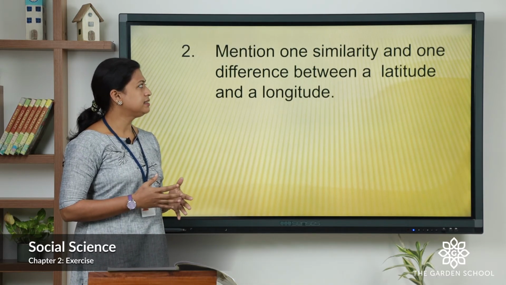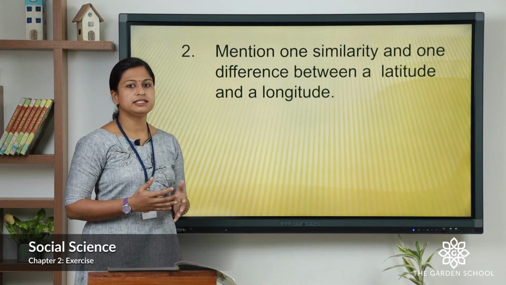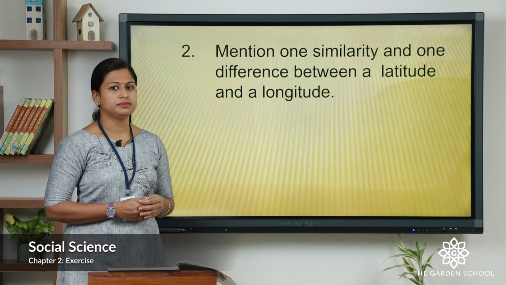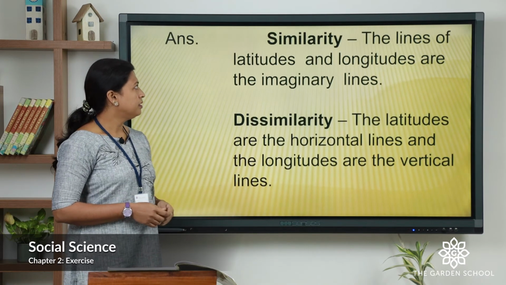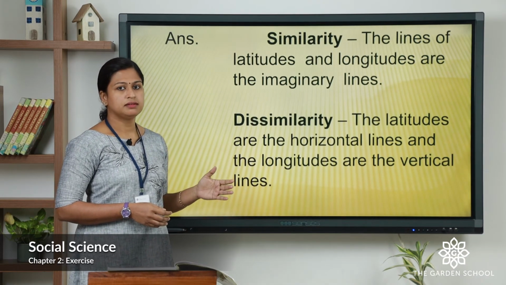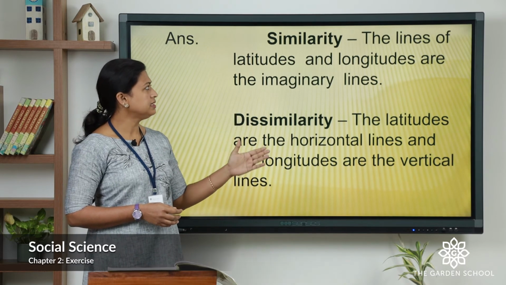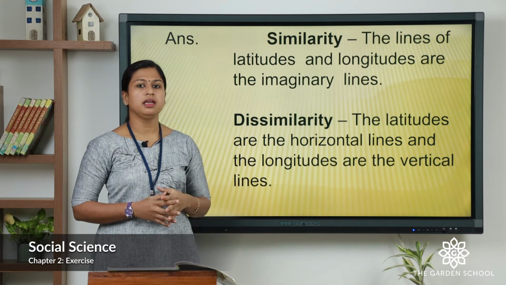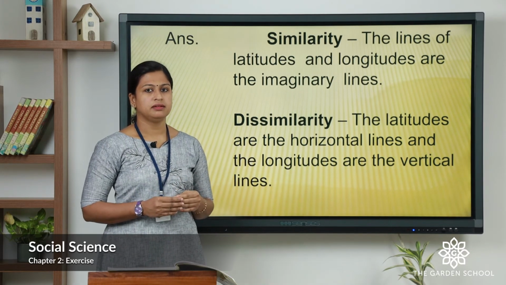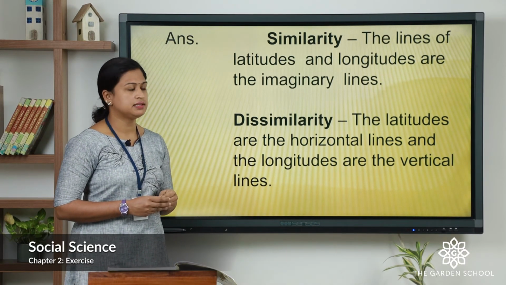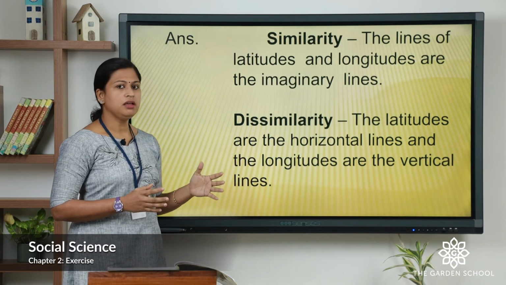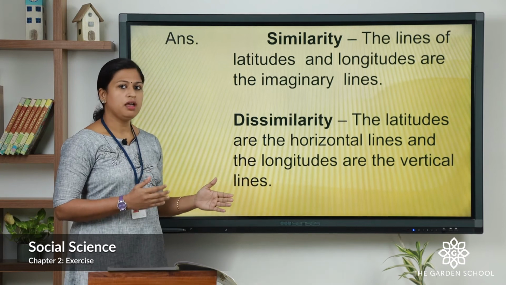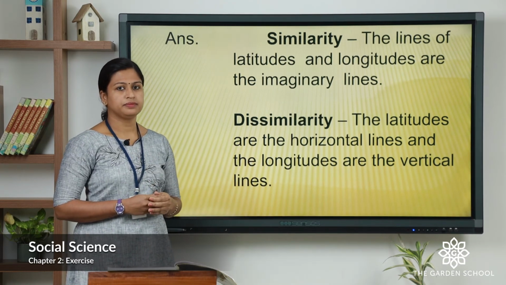Mention one similarity and one difference between a latitude and a longitude. The answer is, one similarity is the lines of latitudes and longitudes are imaginary lines. And one difference is the latitudes are horizontal lines and the longitudes are vertical lines.